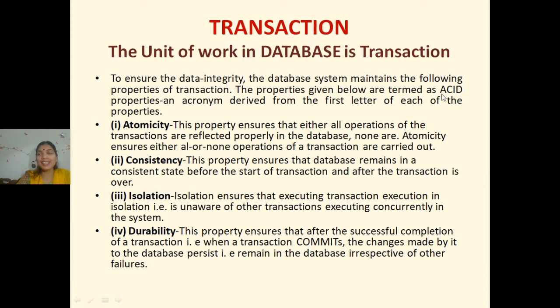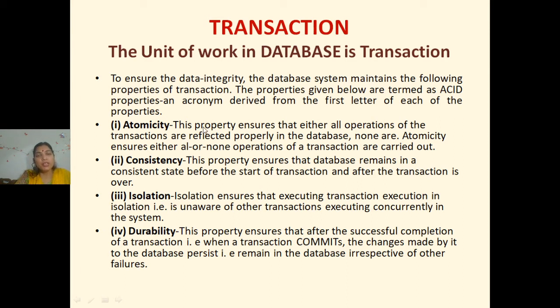What is this ACID? A for atomicity, then consistency C, isolation I, durability D. The first letters of each term here in ACID give you the term: atomicity, consistency, isolation, and durability. So students, if the transactions follow these properties, just believe you are having a wonderful database management system.